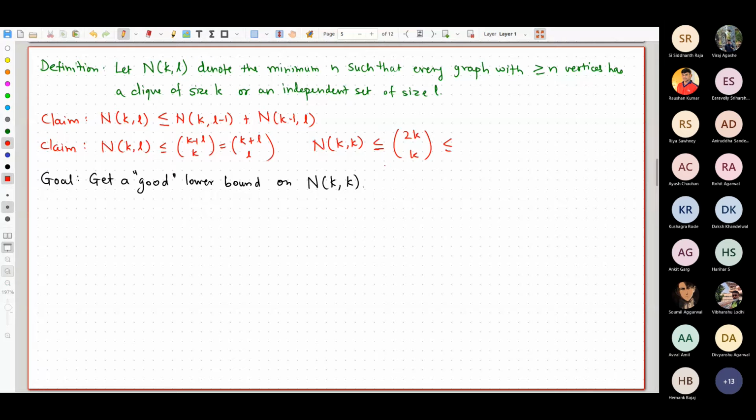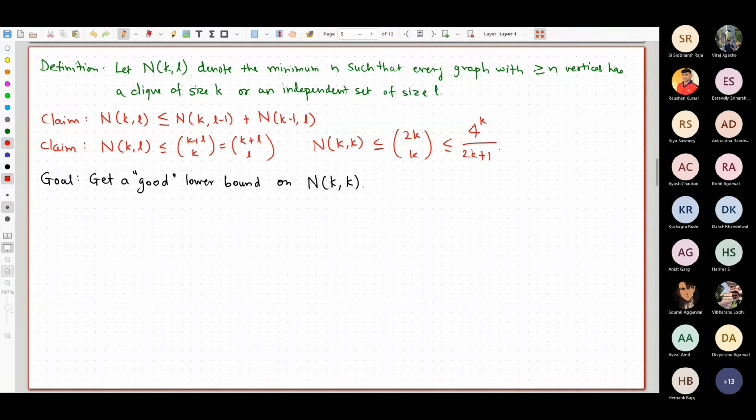What is an extremely trivial upper bound on 2k choose k? 4 to the k divided by 2k plus 1. Why? This is binomial expansion, and 2k choose k is the largest of these.